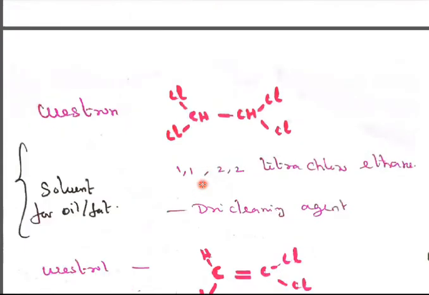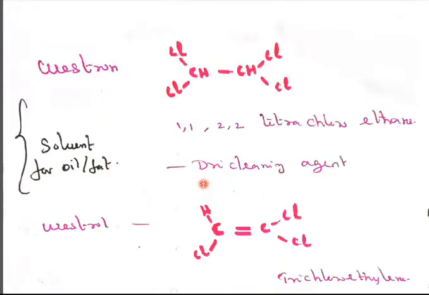Next example, it is a NEET example. JEE and NEET used to ask this, Westron and Westrol. These are nothing but solvents for oil and fat. Remember, CH single bond CH. Here C double bond C for Westron.